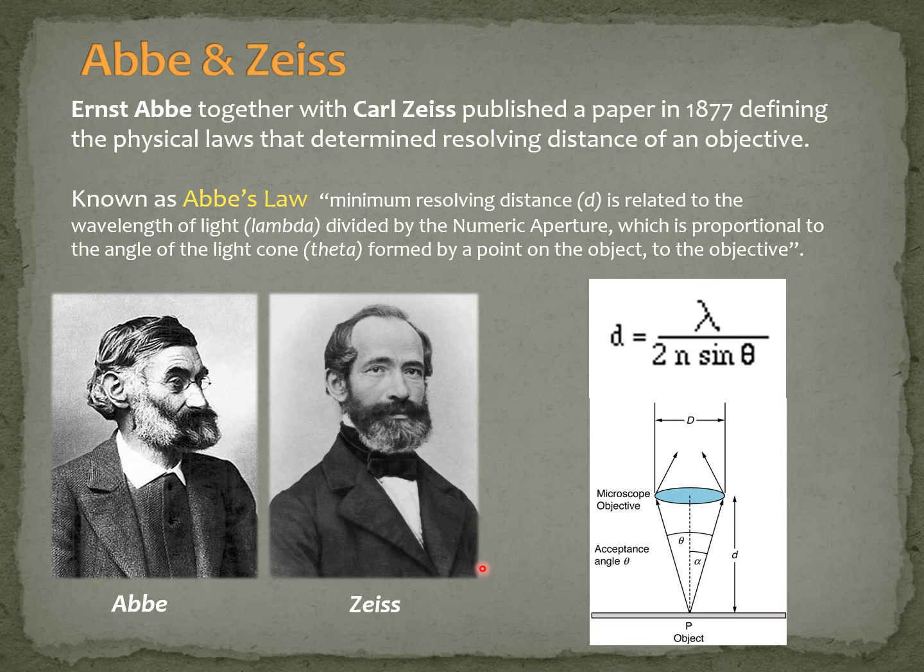And Abbe was capable of saying that the distance between the two points is directly proportional to the wavelength that we're using. So the smaller the wavelength of the incident light, the smaller the distance between two points that I can see and resolve under the microscope.